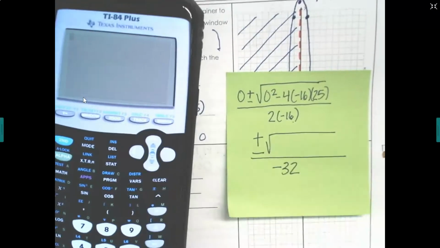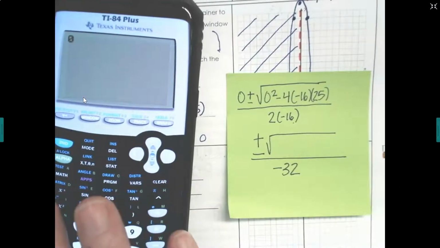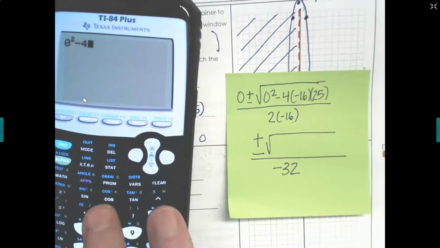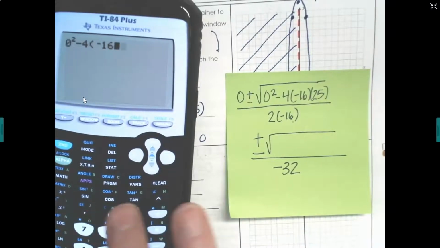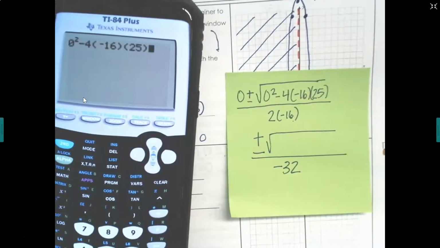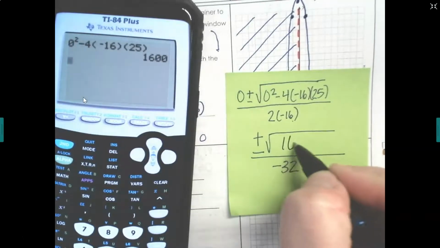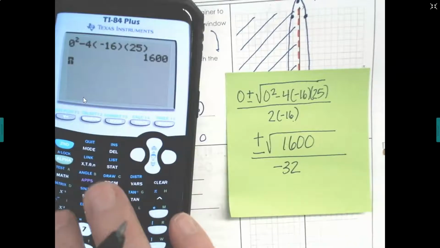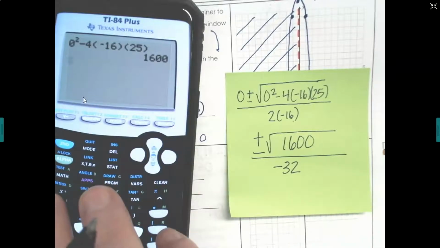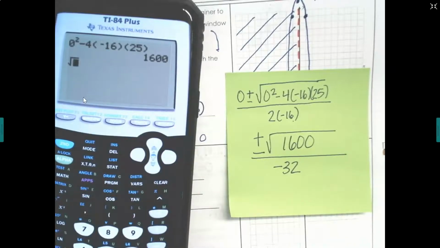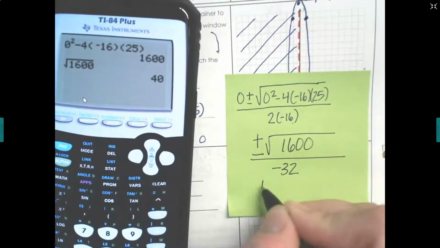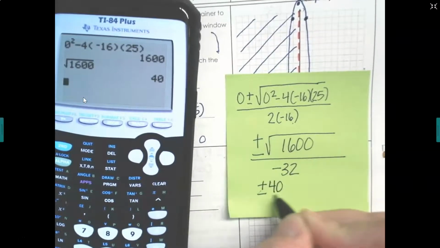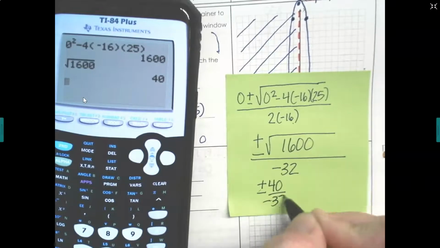So I'm going to say 0 squared minus 4 times a times c, and that gives me 1600. In the real world, we want to get the numbers. I happen to know that that's a perfect square, but it doesn't matter. We're just going to take the square root of 1600 and it is 40. So plus or minus 40 divided by 32.